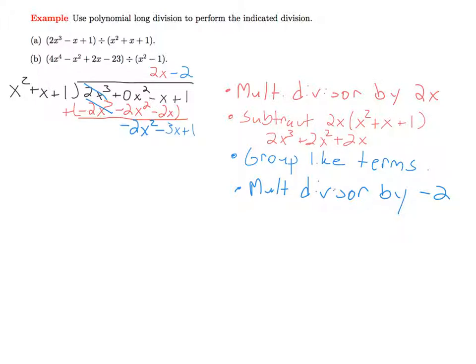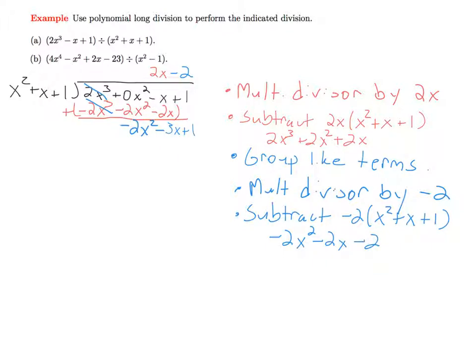And this means what we need to do is subtract minus 2 times the divisor, which is x squared plus x plus 1. So multiplying this out, we get minus 2x squared minus 2x minus 2. And we're going to subtract this.